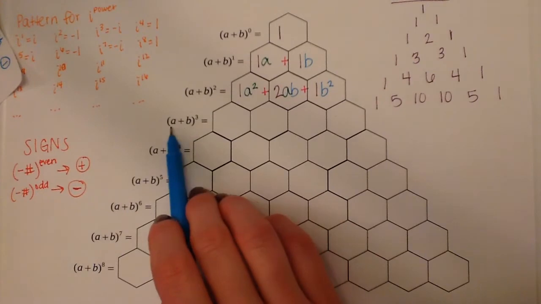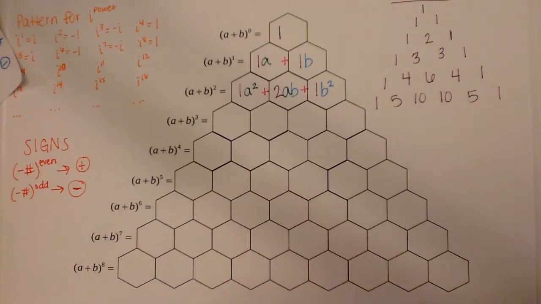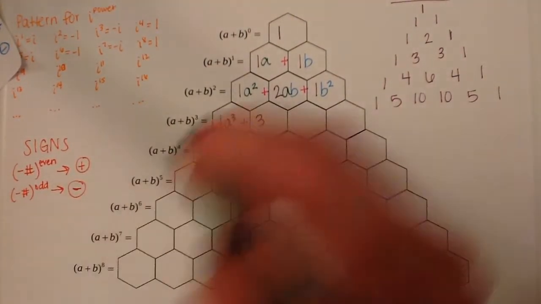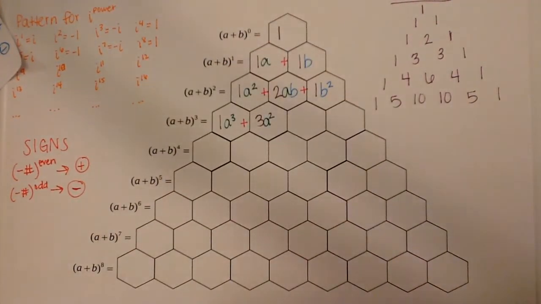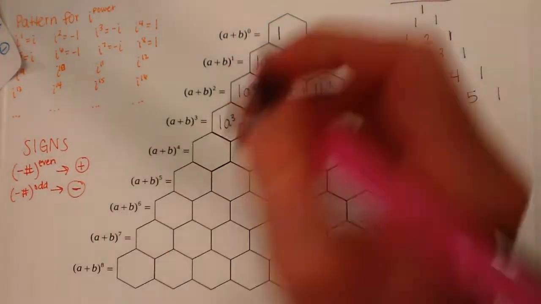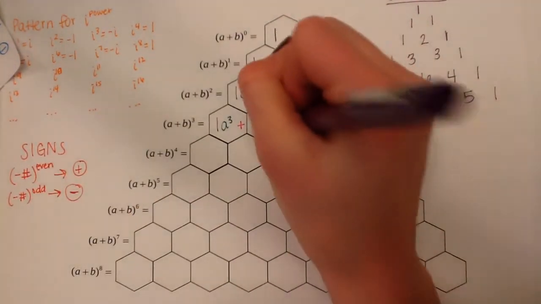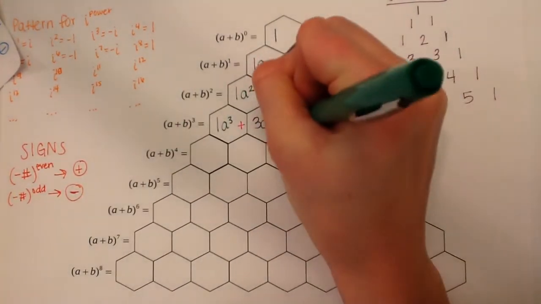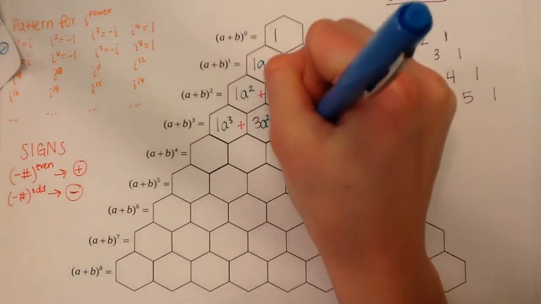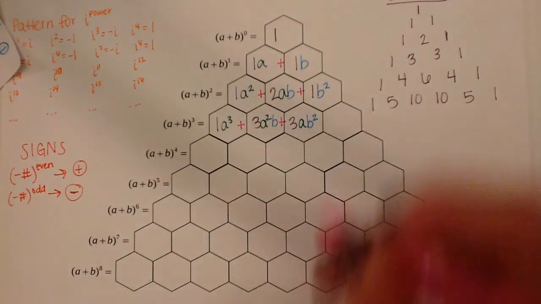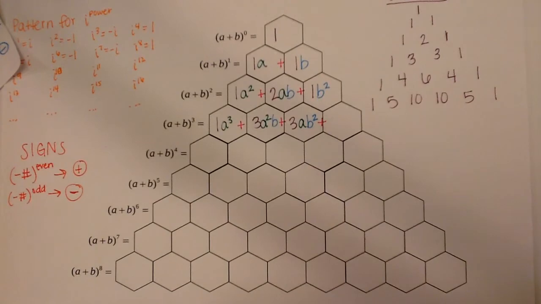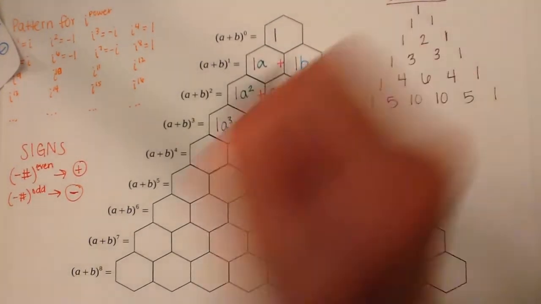So if you were to cube this, if you have a plus b cubed, we'd end up with 1a cubed plus 3a squared b plus, oops, wrong color, 3ab squared plus, then we have 1b cubed.